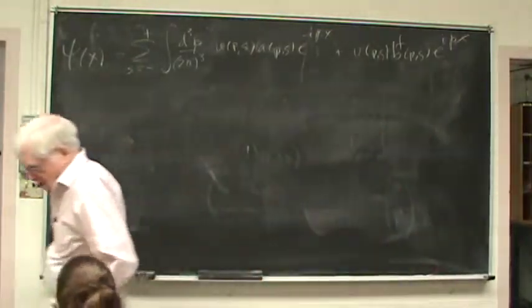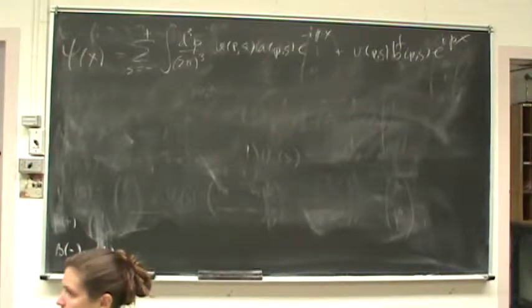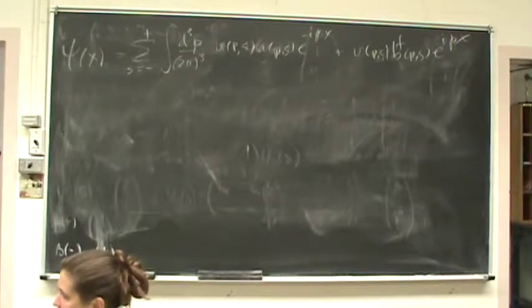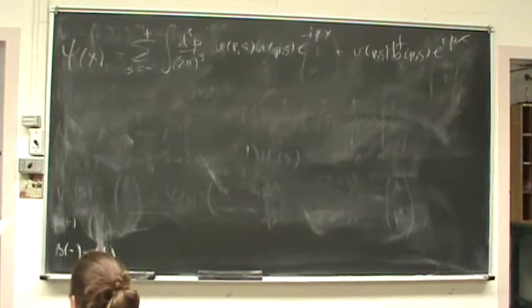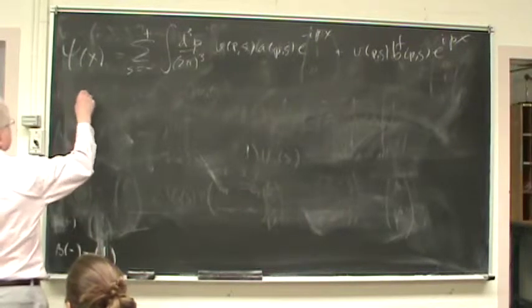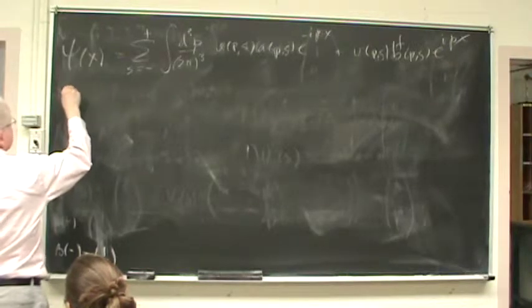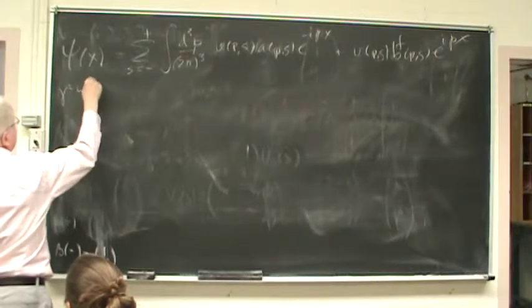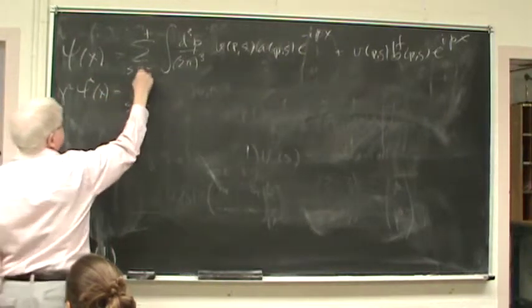Okay? Now, let's just see one way. Let's take the complex conjugate and multiply by gamma 2. So this is a sum on s.